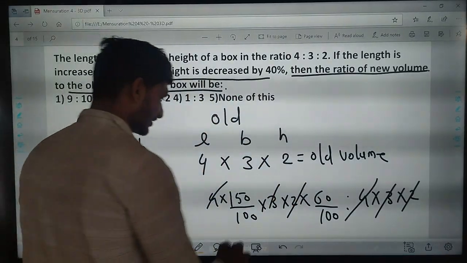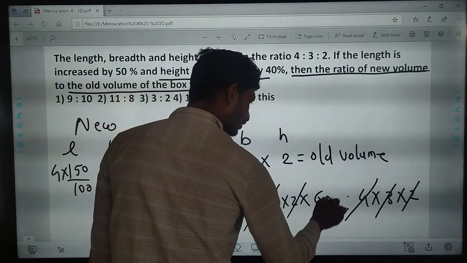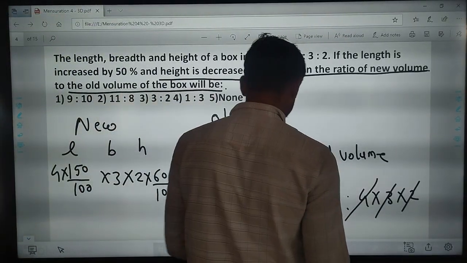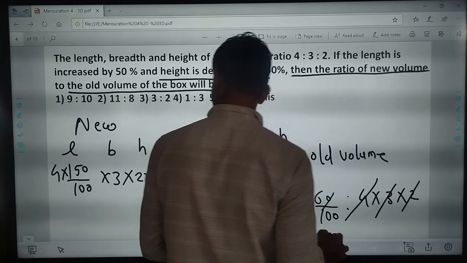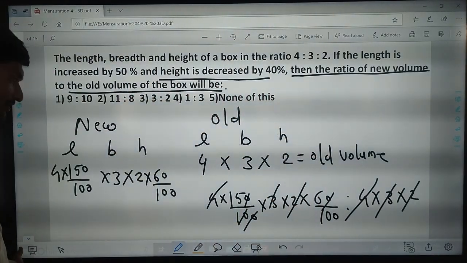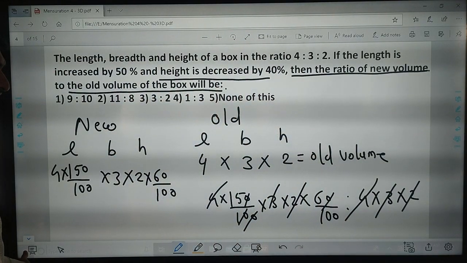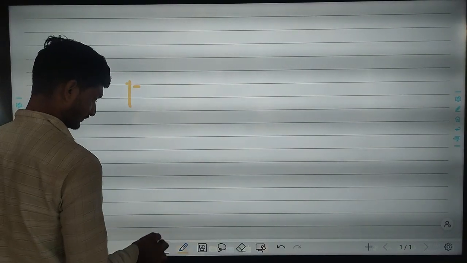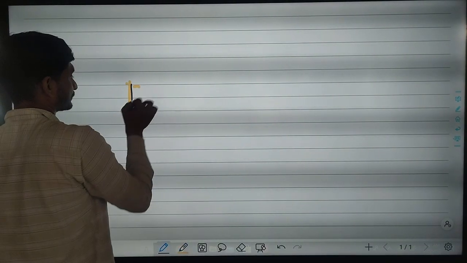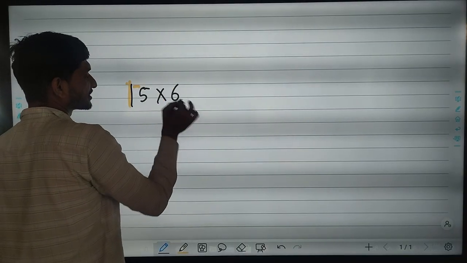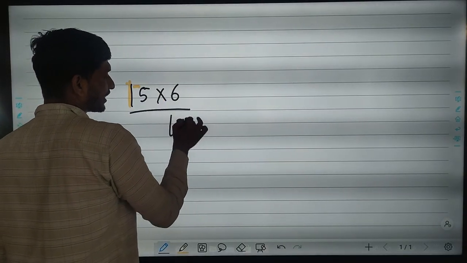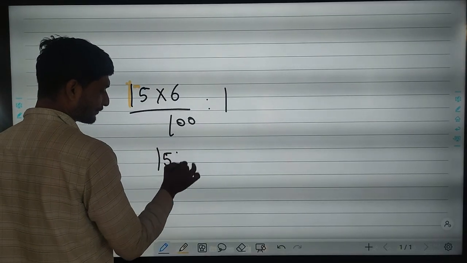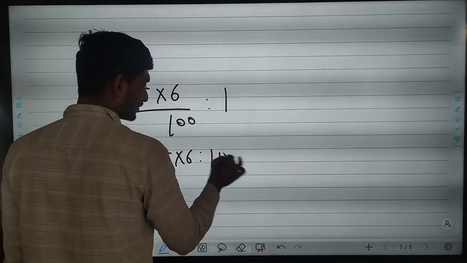Now here the remaining is 15 into 6 divided by 100, to 1. Now 100 comes here: 15 into 6 to 100.